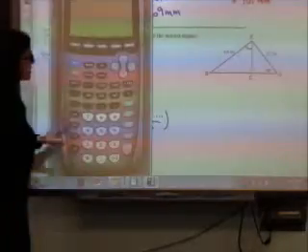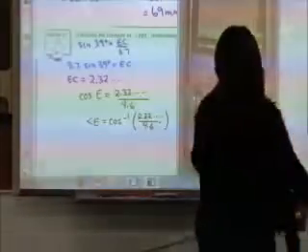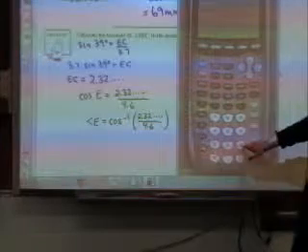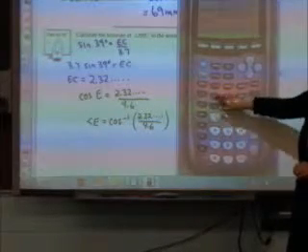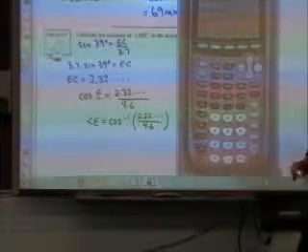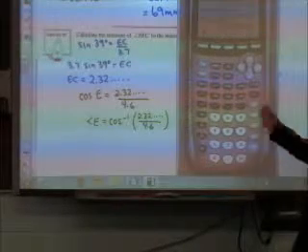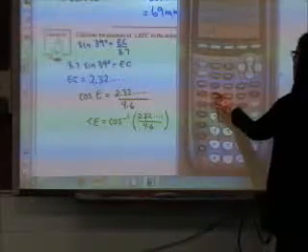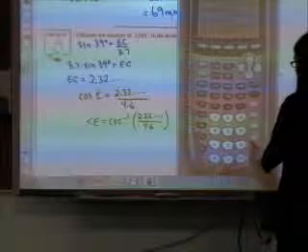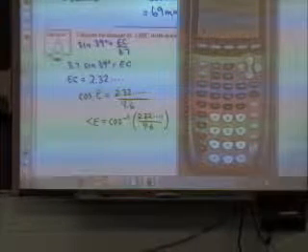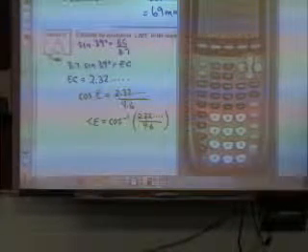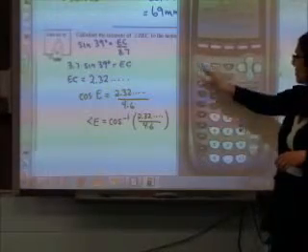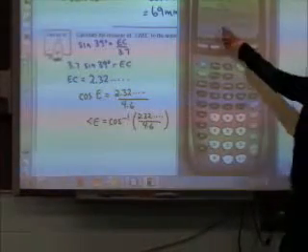So if I put this into my calculator, I start off with my first step, 3.7 sine 39. There's my 2.328. And then I need to go cos inverse of this answer.